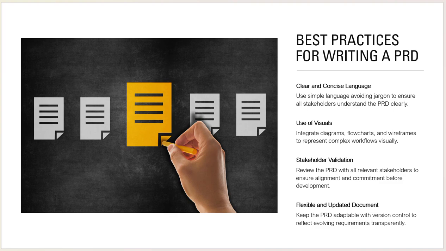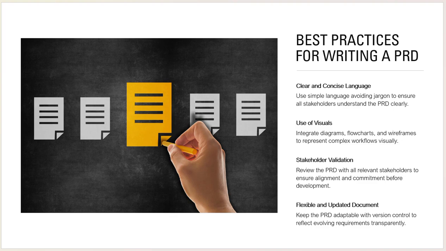Second, use visuals such as diagrams, flowcharts, or wireframes to illustrate complex ideas and workflows. And third, validate the product requirement document with all relevant stakeholders before development begins, to ensure alignment and buy-in, and take a sign-off from all the business teams or the senior teams related to the product.